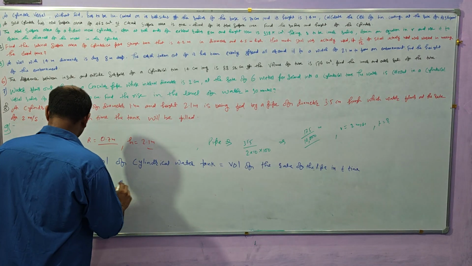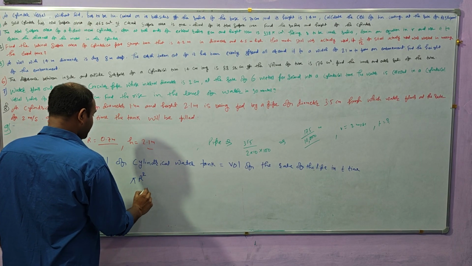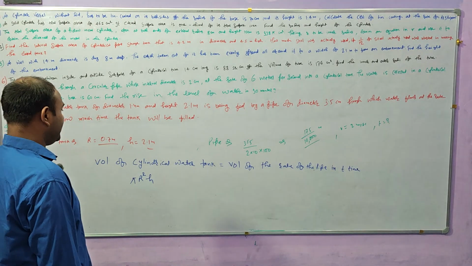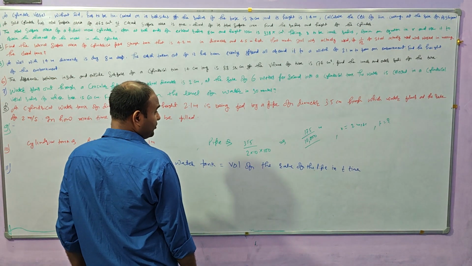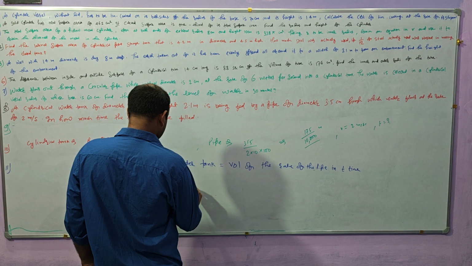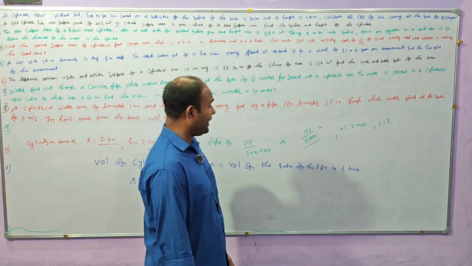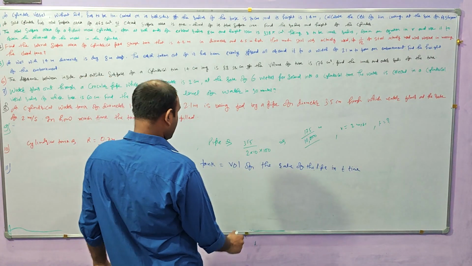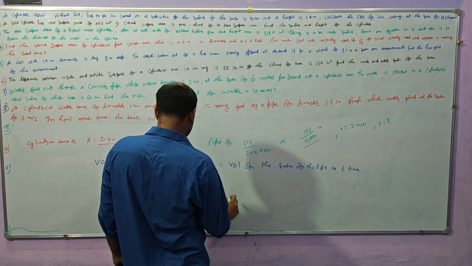So we have the cylindrical tank volume pi r square h, that is equal to the volume of the pipe, that is pi r square into h, and we need to find out here v into t, so into 2 into t.